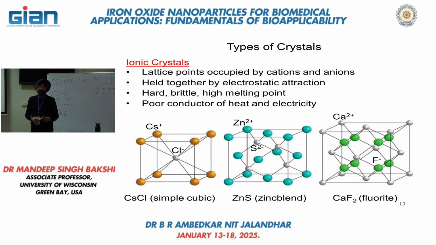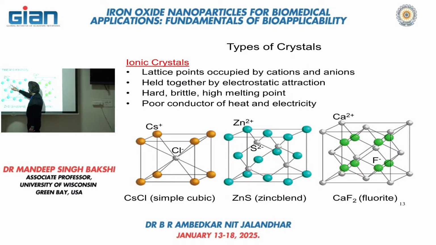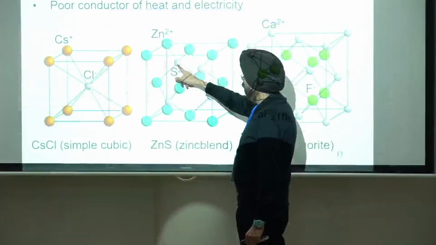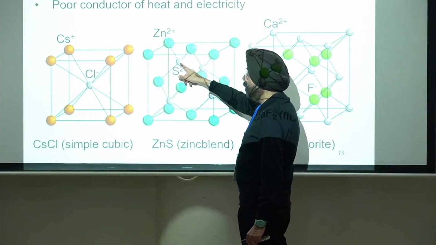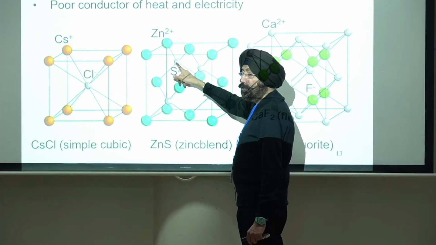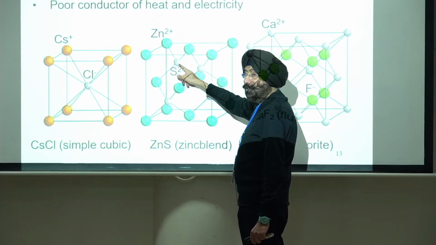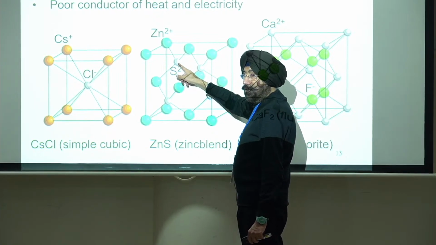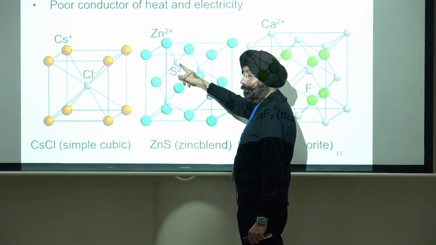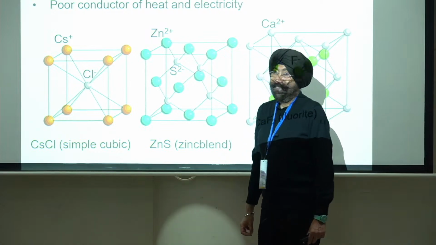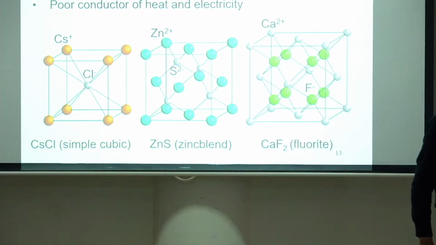It is much easier to understand when the atom is exactly at the center, but when it's slightly off, which geometry is this? Is it sp3? Is it octahedral? Tetrahedral, correct. This one is tetrahedral.